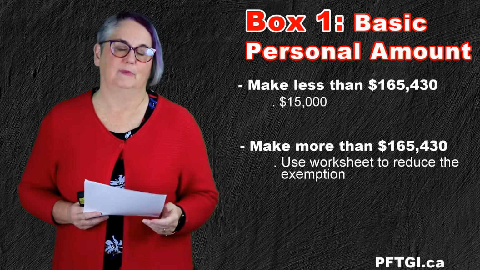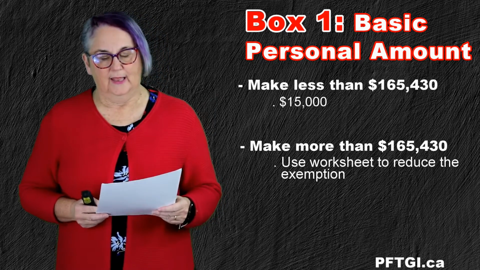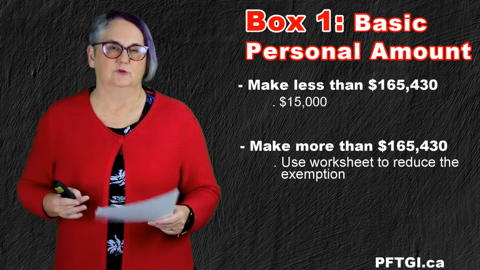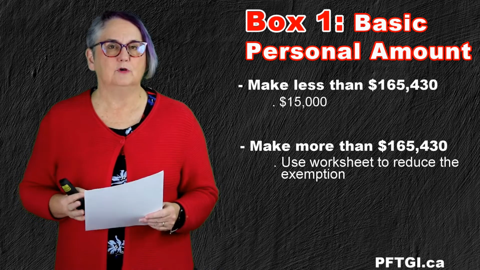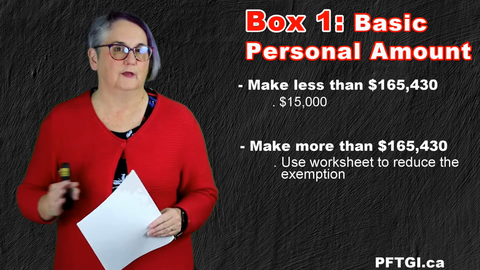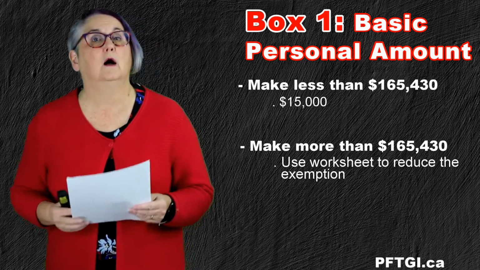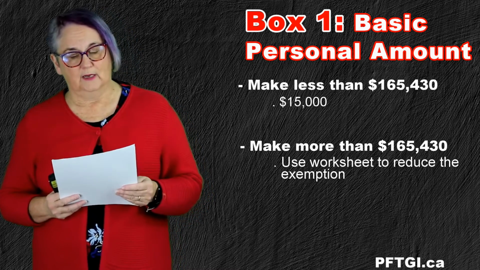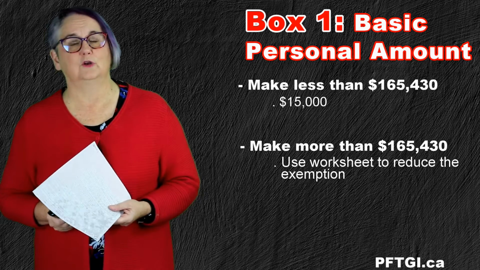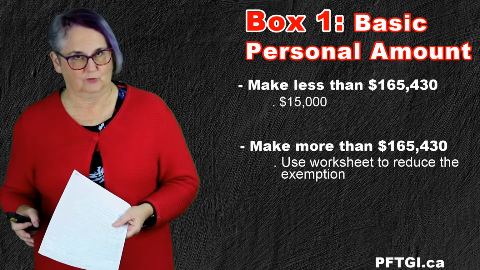Box 1 is your basic personal amount. And this is a different number depending on how much money you make. Lots of confusion around box 1. The number for 2023 is $15,000. That is the amount that you should put in box 1 unless you make an income greater than $165,430 during 2023.